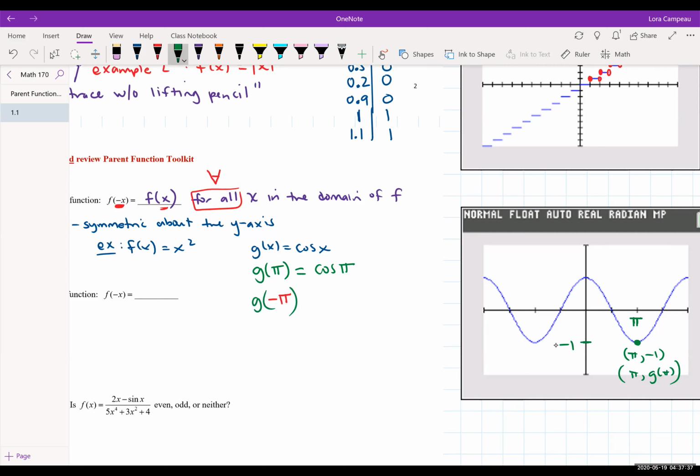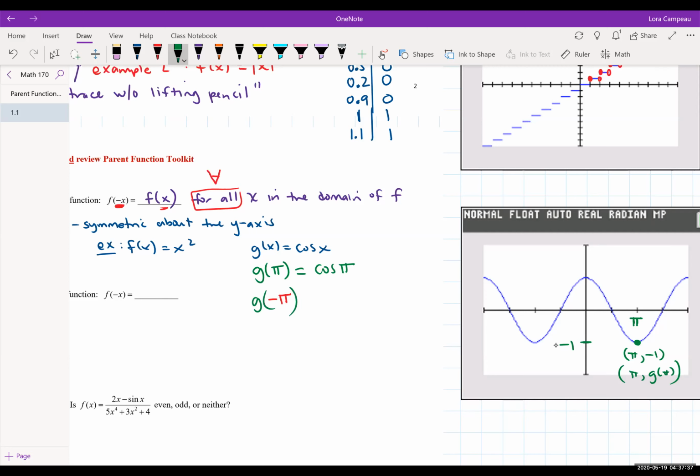And so we do see, aha, for every function value, whether the x value is positive or negative, they will have the same values. So remind ourselves, cosine of pi is equal to -1, as is cosine of negative pi. So it's just kind of a visual to help us out.